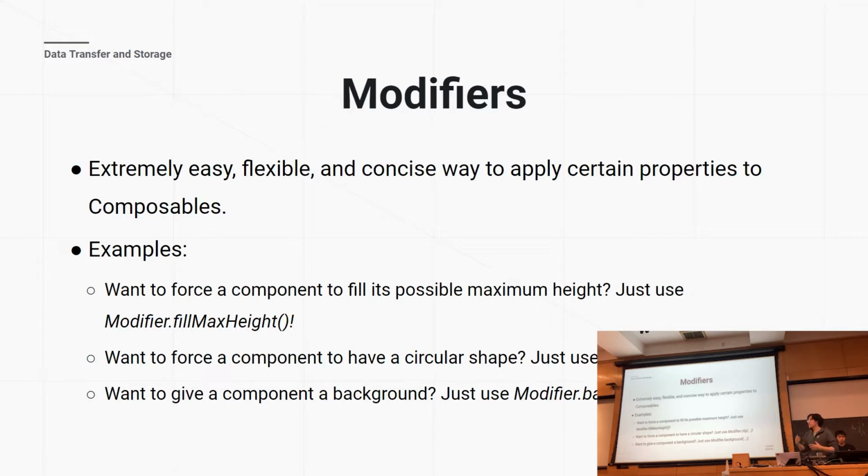If you want to force a component to have a circular shape, you add this clip modifier. You want to give a component a background, you add this background modifier. So to build out your entire screen, you're just adding a bunch of modifiers to it in order to get that look.